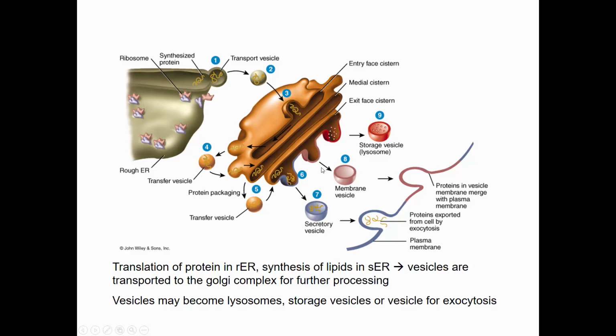It's been processed, and now this hangs out as a storage vesicle. Or it's processed to be a secretory vesicle, and then this one would be merged. This would add membrane to the plasma, or maybe there's a sodium potassium ATPase that's being put into the membrane so it can function, that kind of thing.